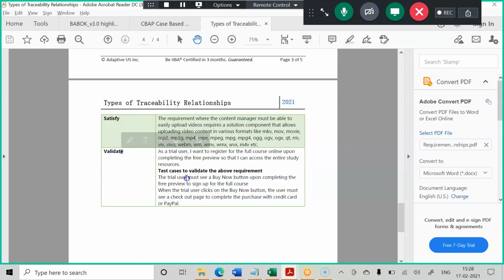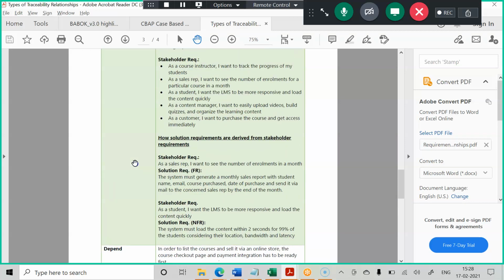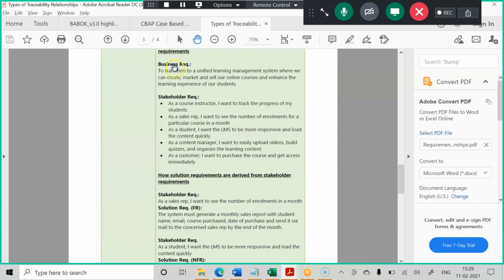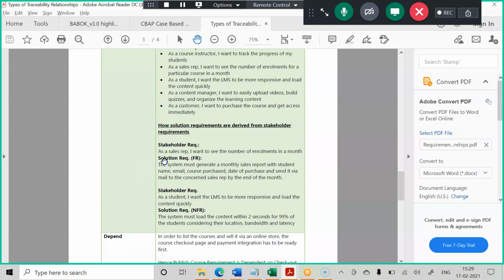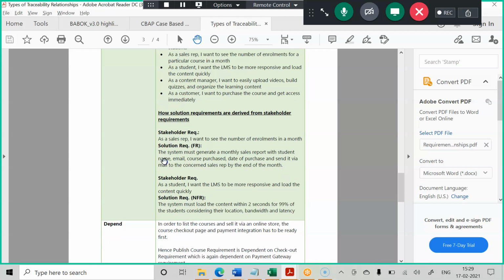When you see test cases or a test plan or something like that, usually the relationship will be validate. And when you see something coming from a bigger thing to a smaller thing, like a stakeholder requirement coming out of a business requirement, or a solution requirement coming out of a stakeholder requirement, those are usually derive type relationships.